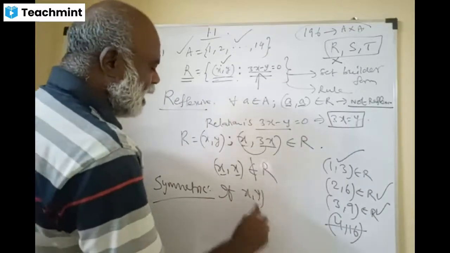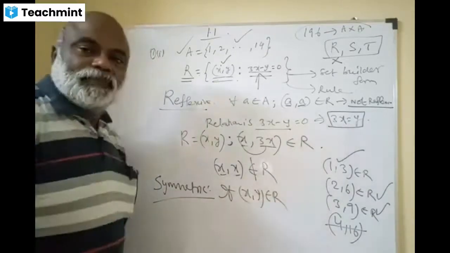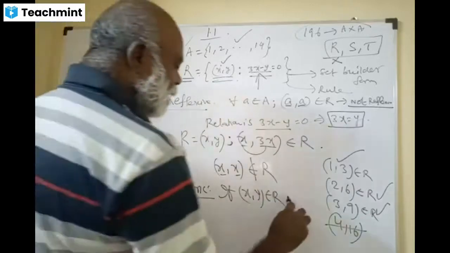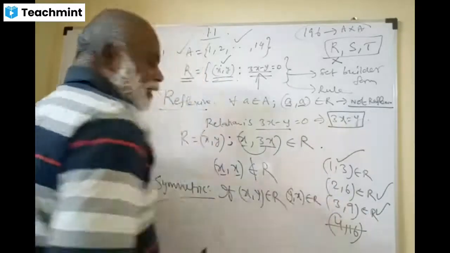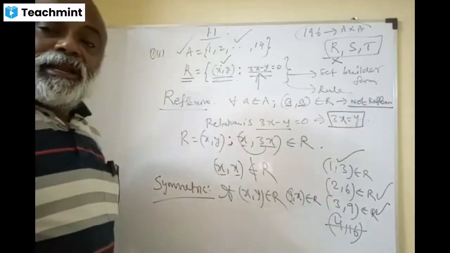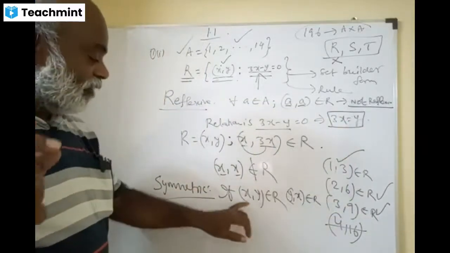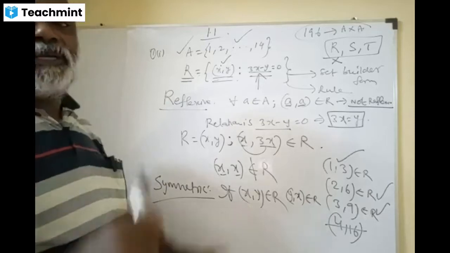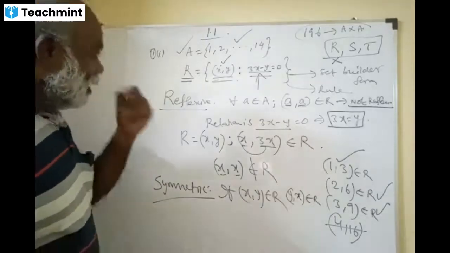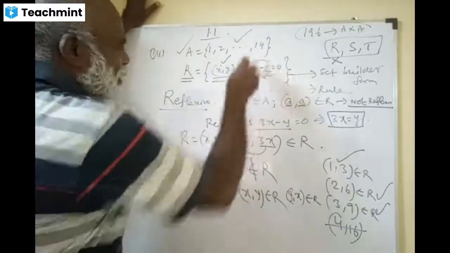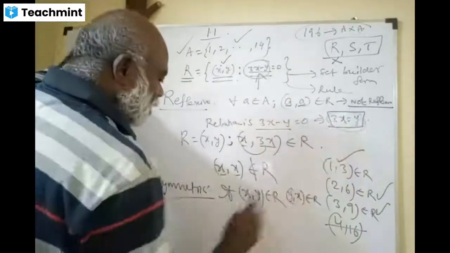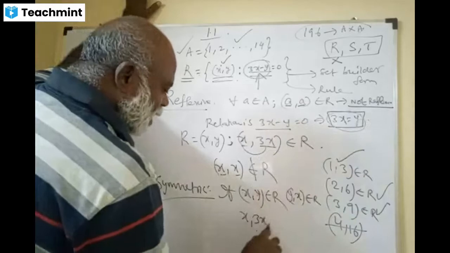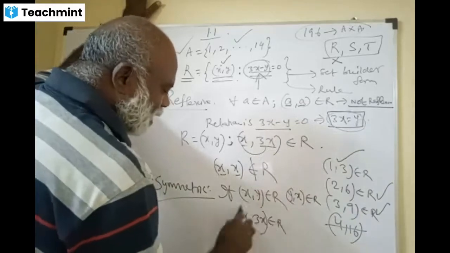If (X, Y) belongs to R, then (Y, X) must also belong to R. This is the general definition of a symmetric relation. But as per the relation here, the first element and second element are related like this. Say (X, 3X) belongs to R; let us assume that it is there.